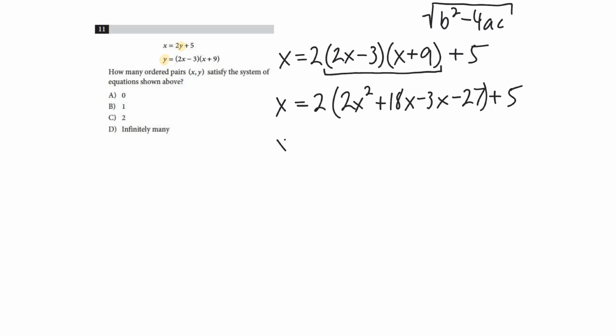All right, I'm going to distribute that 2, so I'm going to get 4x squared. Now if I combine these two right here, that's going to be 15x, and then multiply times 2, that's going to be 30x. And then finally, negative 27 times 2 is negative 54, plus 5.